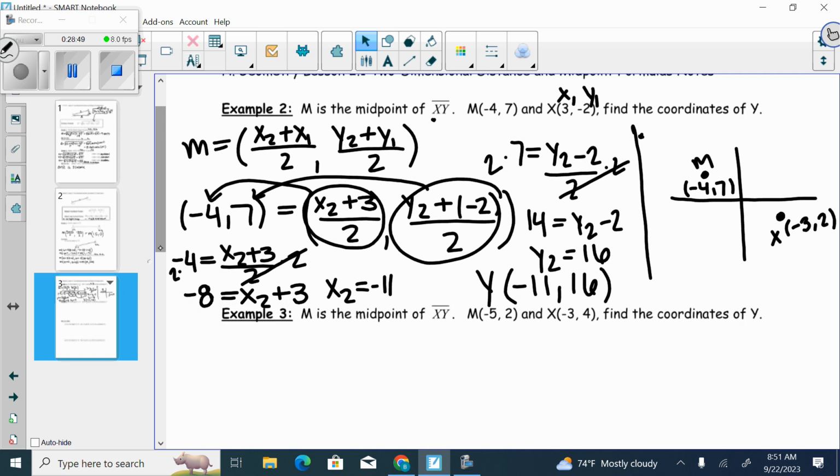I also could just calculate how far I had to move to get from here to here, and how far I had to move to get from 7 to 2. Oh, sorry, I had my negative signs on the wrong spot on that point, sorry. 3, -2. All right. So how far would I have to move to get from -4 to +3 on the x-axis? How many points is that?